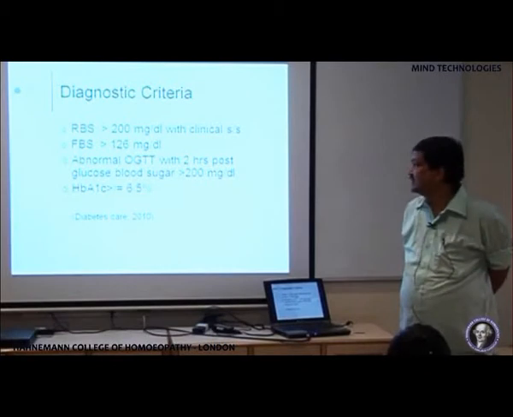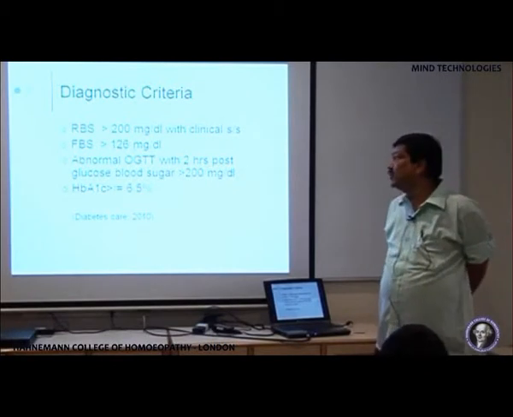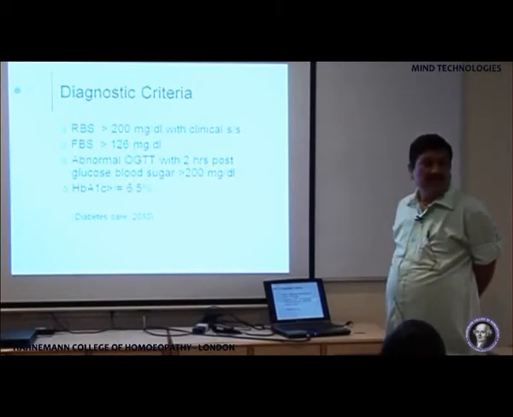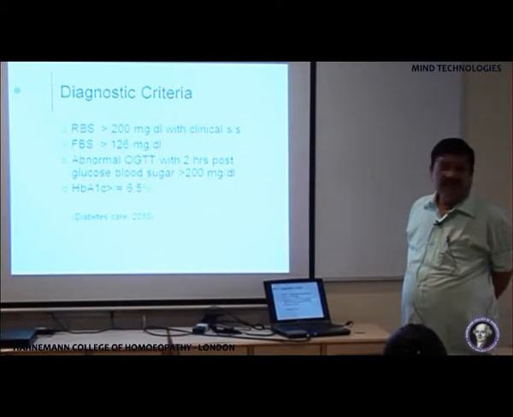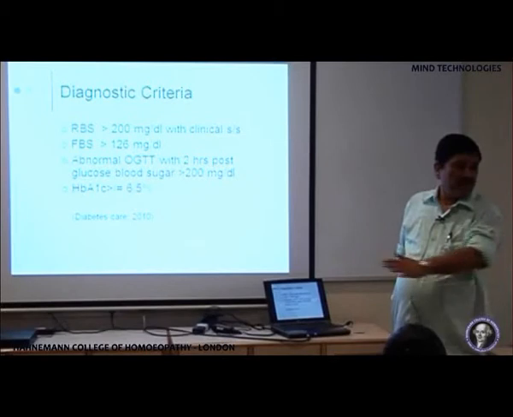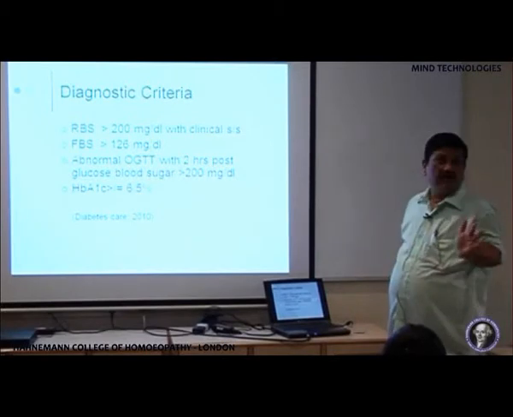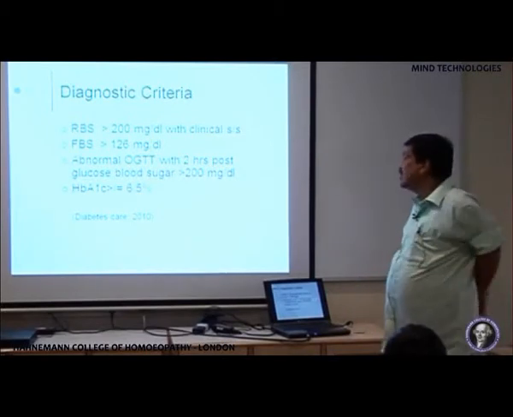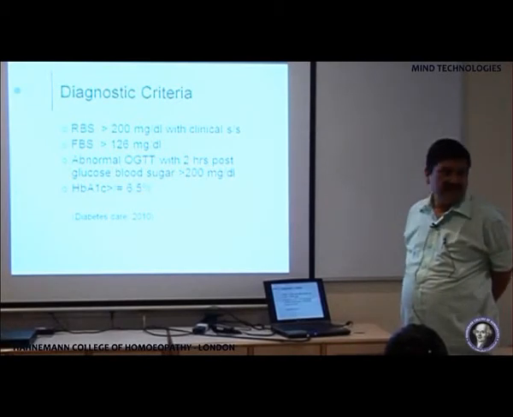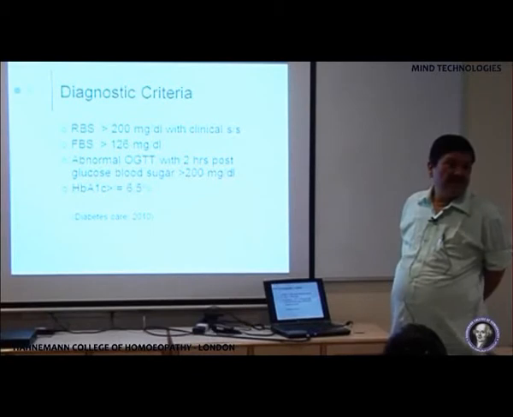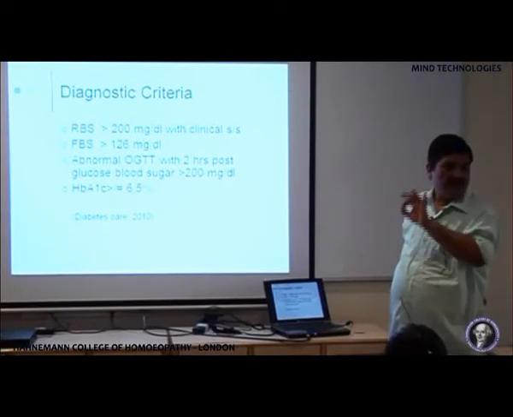An abnormal oral glucose tolerance curve, where the patient is given 75 grams of glucose orally and then his blood sugar is done every half an hour. In such a condition, if the 2-hour post-glucose blood sugar is more than 200 milligrams per deciliter, then it is definitely a diagnosis of diabetes.